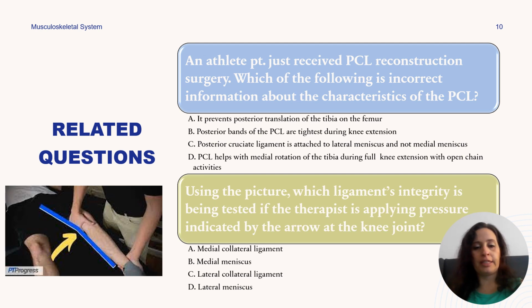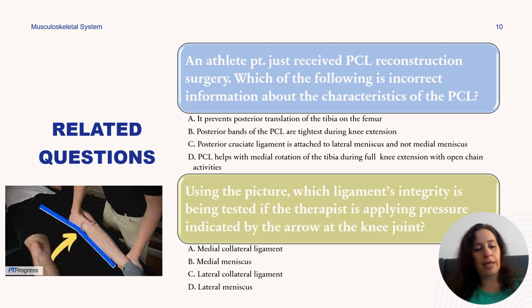B, posterior bands of the PCL are tightest during knee extension. C, PCL is attached to lateral meniscus and not medial meniscus. Or D, PCL helps with medial rotation of the tibia during full knee extension with open chain activities.